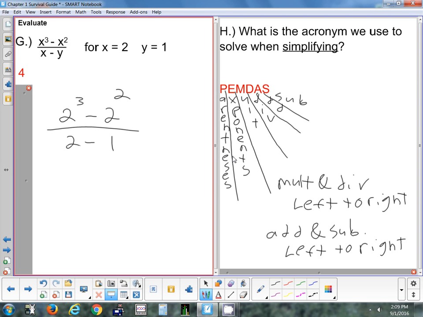Do I have any parentheses in that problem? Nope. Do I have exponents? Yes. So exponents is the next thing I do. How about Marissa? What's 2 to the 3rd power? 8. Yeah, 2 to the 3rd means 2 times 2 times 2.